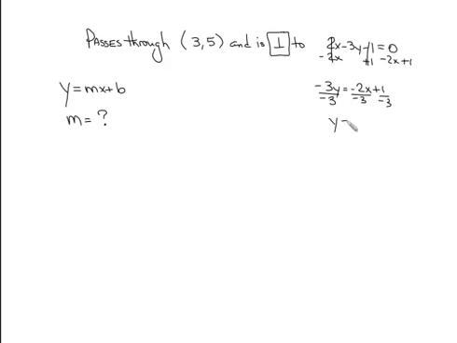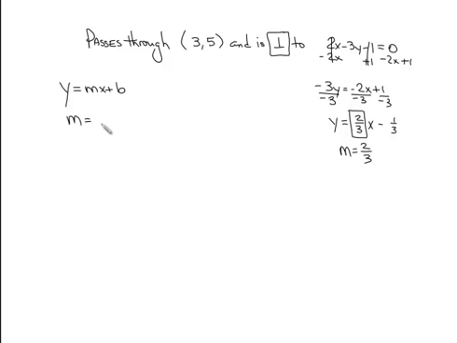And we get y is equal to positive 2/3 x minus 1/3. We don't care about the y-intercept because that's the y-intercept of this line. It has no bearing on the y-intercept of our line. All we care about is the slope, the number in front of x. So the slope of this line is equal to 2/3.